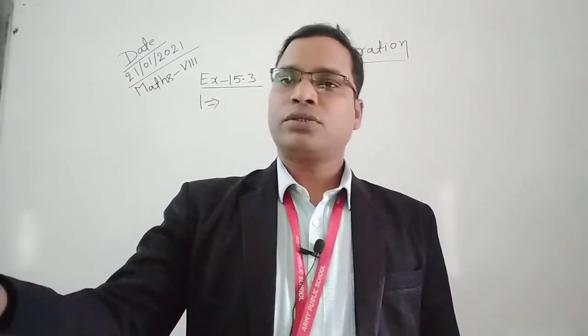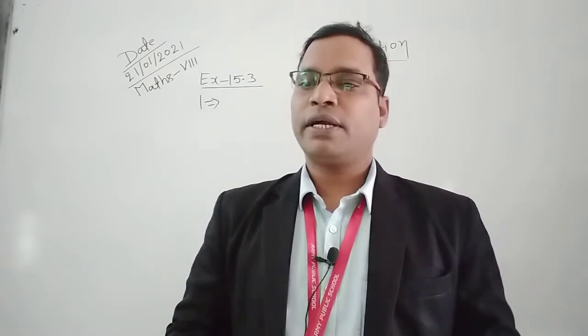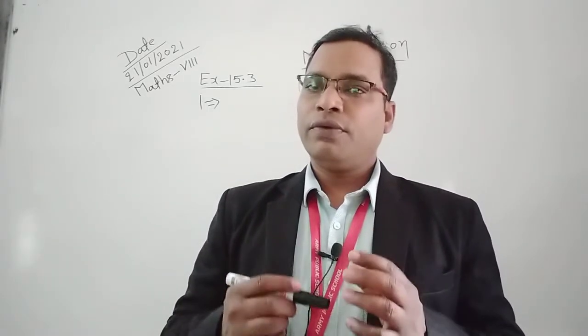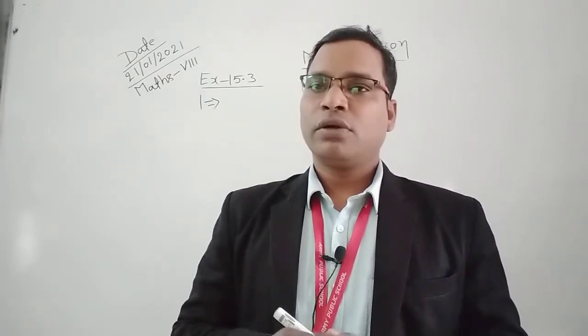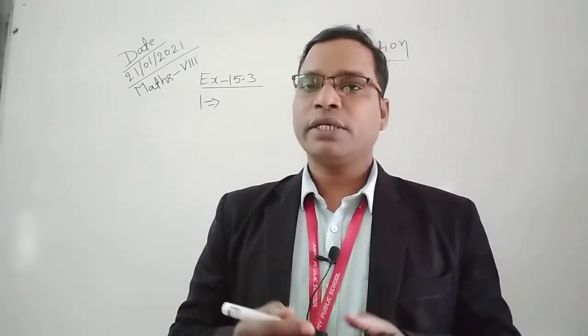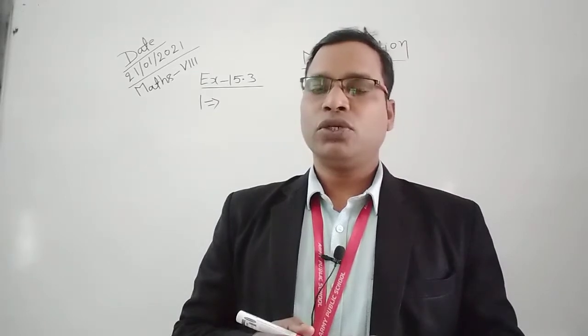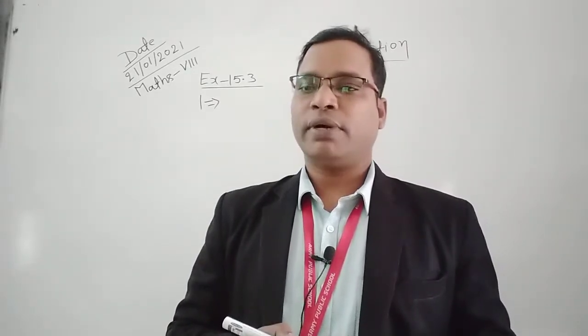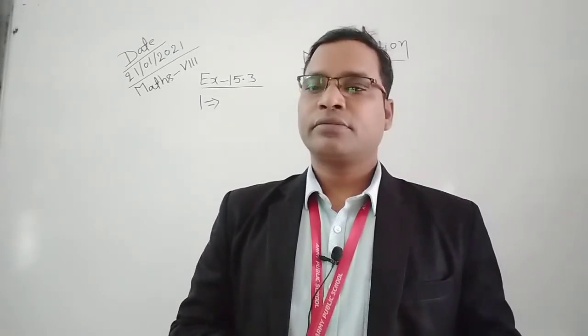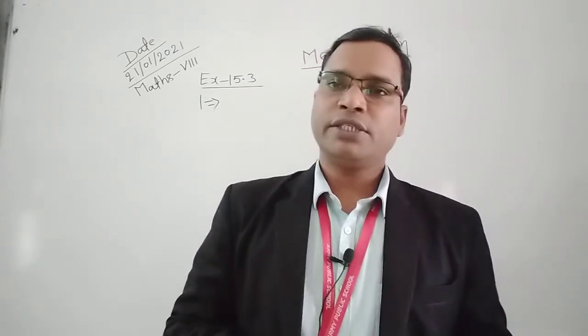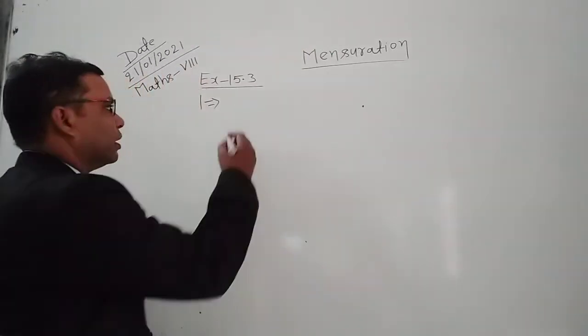Okay, so first we write here the volume of cuboid. What is the volume of cuboid? Obviously you can say length into breadth into height. This is the volume of a cuboid. But here the base area is given. The area of the base of a cuboid is given. What is given here?